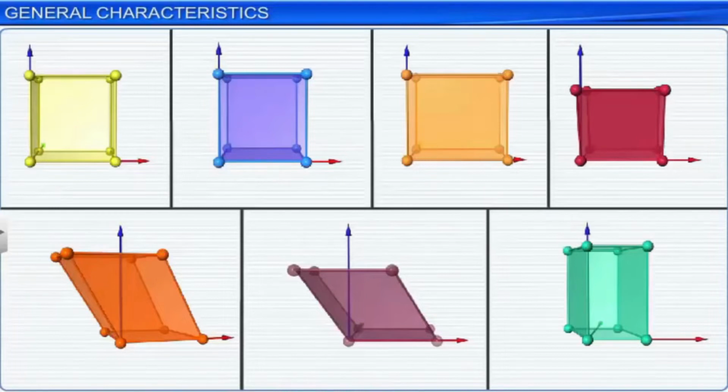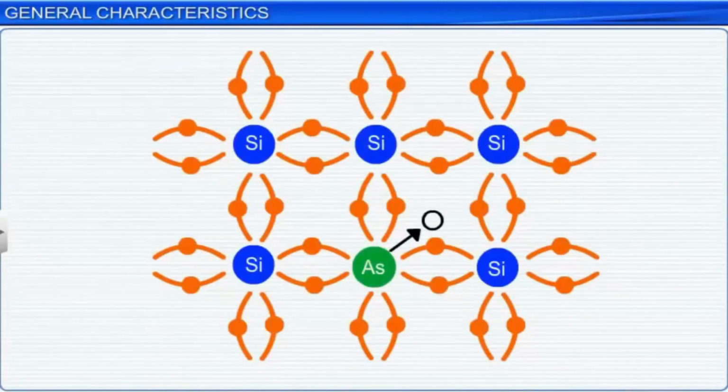Hence, any change in the structure of a substance changes its properties. For example, the conductivity of silicon increases with the addition of impurities such as arsenic. So, a solid with the desired properties can be prepared by altering its structure.